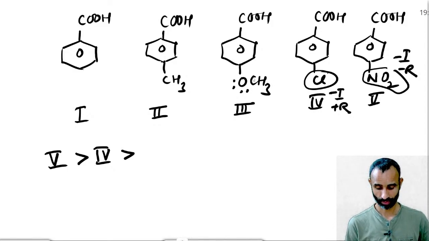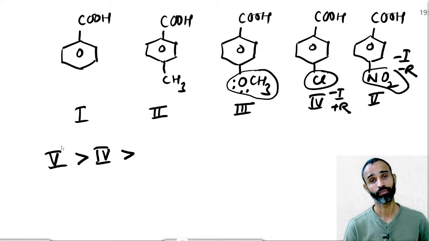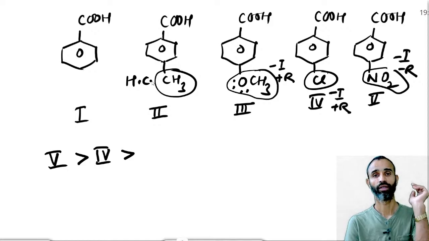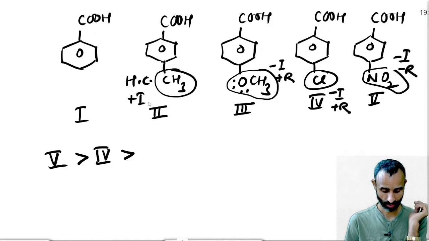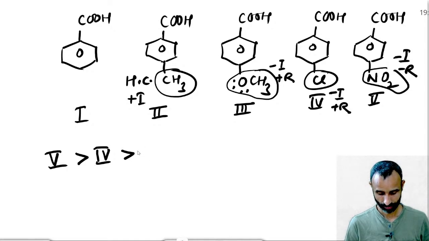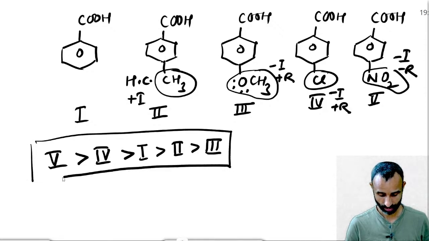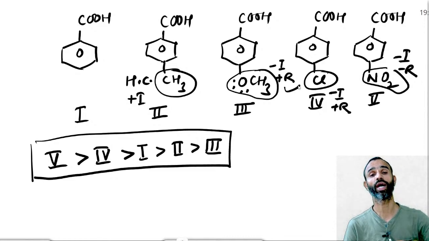What about this? This has plus I and hyperconjugation, so obviously it will be weakest, because resonance is dominating over hyperconjugation even.